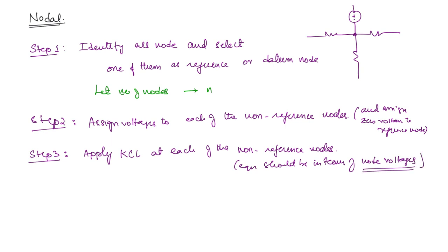So this point is important. And what is the final step? You have to solve all of the equations. Solve KCL equations. What is KCL? Kirchhoff's current law, right? So solve KCL equations to find the node voltages. Once you get the node voltages, then the currents also you can find out.